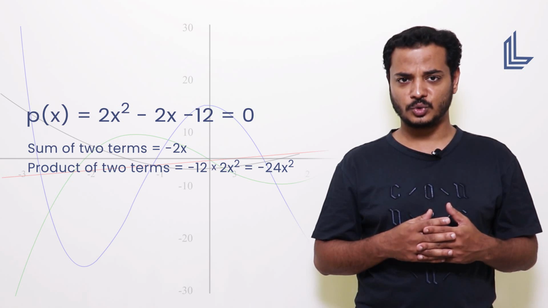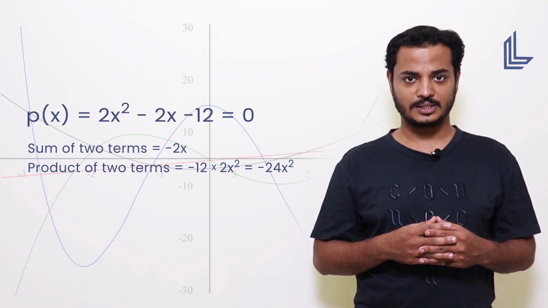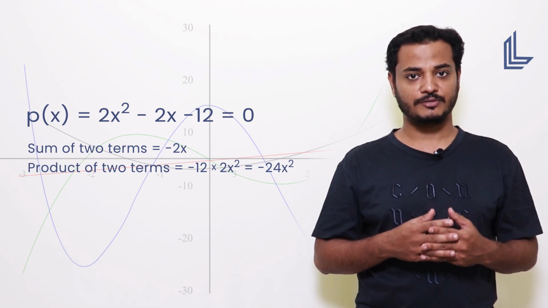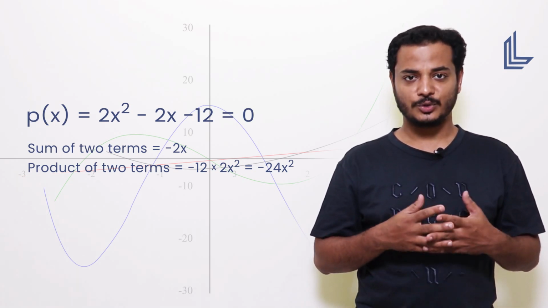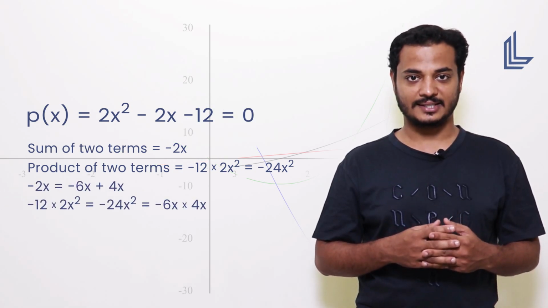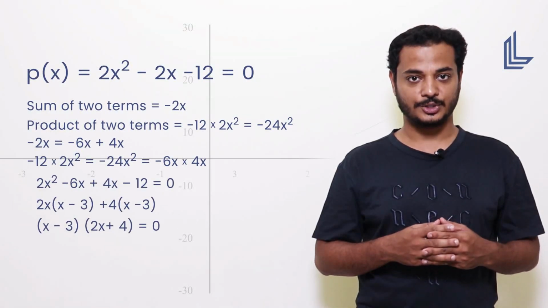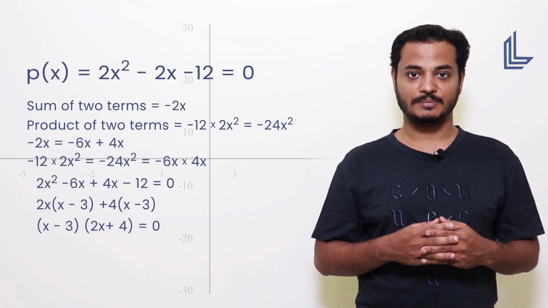Can you think of two terms whose sum is minus 2x and product is minus 24x squared? When you think over it, you will get these two terms as minus 6x and plus 4x. So, you just need to substitute the middle term minus 2x as minus 6x plus 4x.